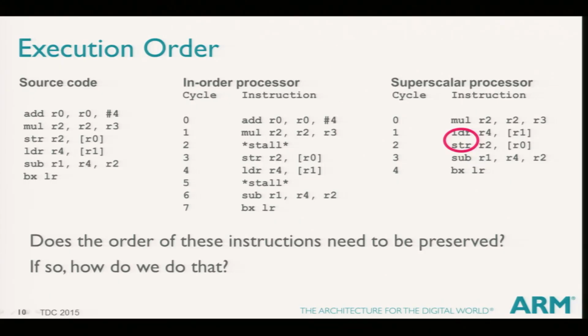So let's look at a really simple example of how a modern pipeline might affect the order of memory accesses. What the pipeline is trying to do is maximize instruction throughput. It's trying to help. You have some source code on the left, which compiles to some instructions, and you can see that there's a store and a load. The store happens before the load. Now, if you put that through a simple in-order processor with an in-order pipeline, you might get the sequence in the middle.